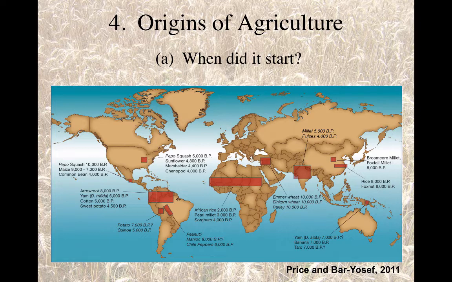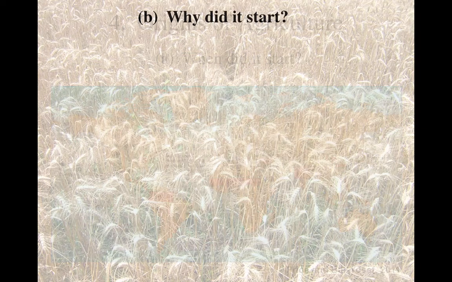You can see all the different areas here. We have Eastern North America, Central America, South America, Africa, the Near East, India, and China, as well as New Guinea. So these are called the centers of origin of agriculture.